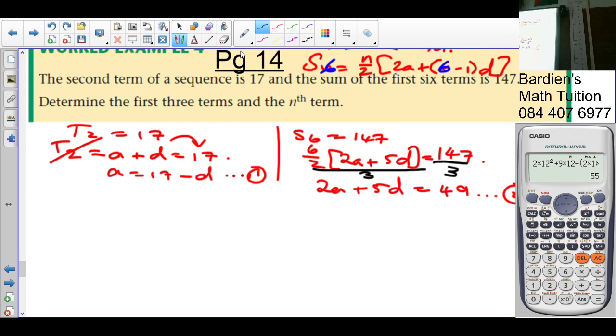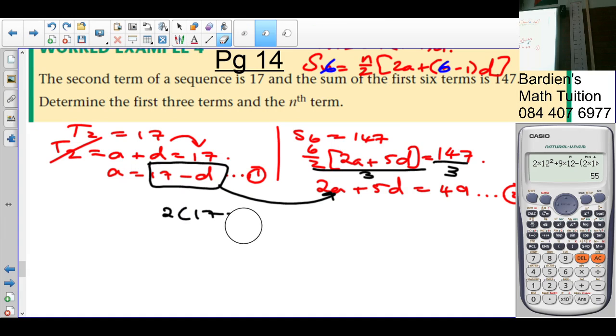If I see A, I put 17 minus D. So it's going to be 2 into (17 minus D) plus 5D equals 49.